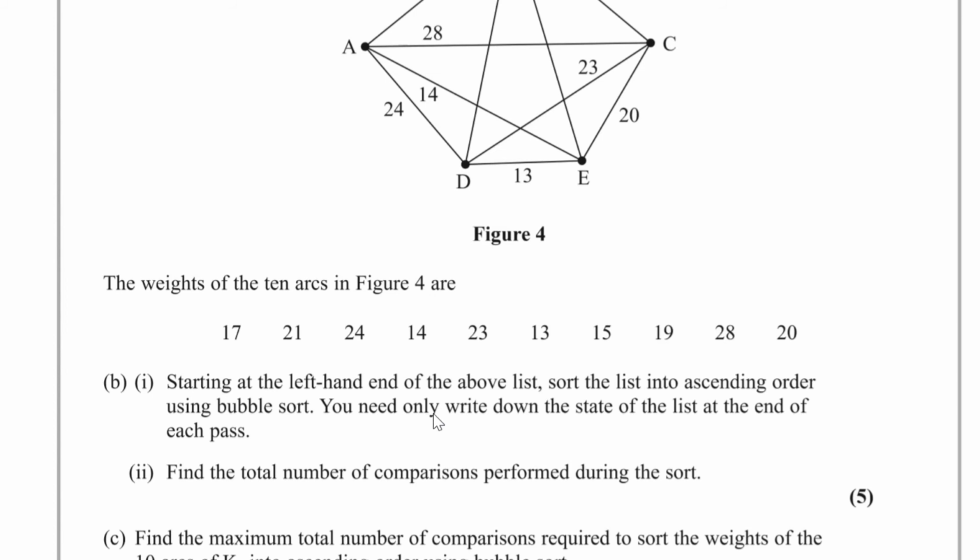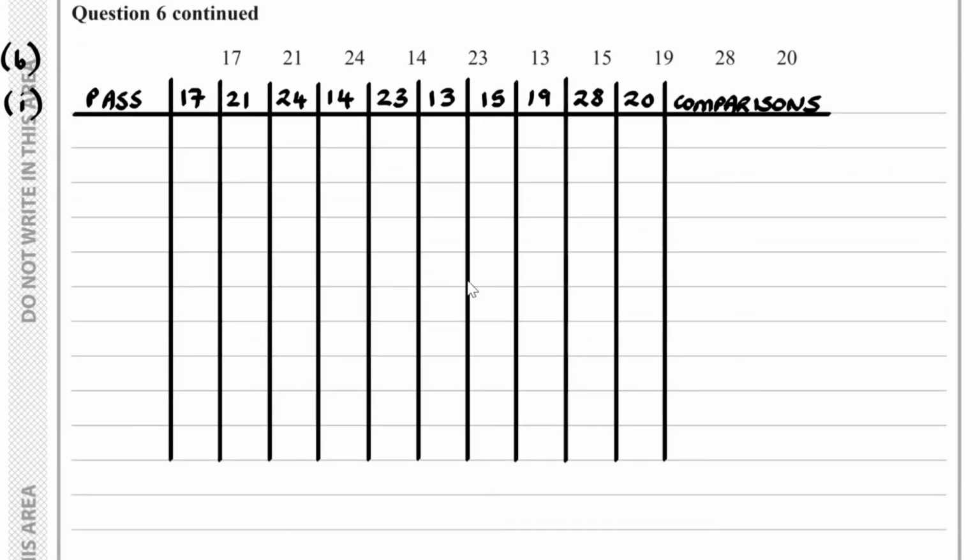You need only write down the state of the list at the end of each pass. And then we have to find the total number of comparisons performed during the sort. So I've created this table. We've got the pass, which we will record, and then the number of comparisons for each pass, and then we've got the original list of numbers.